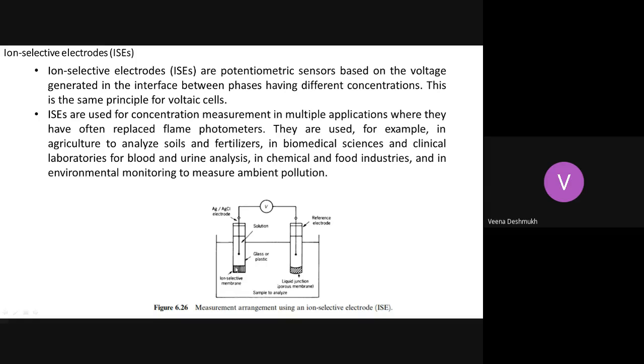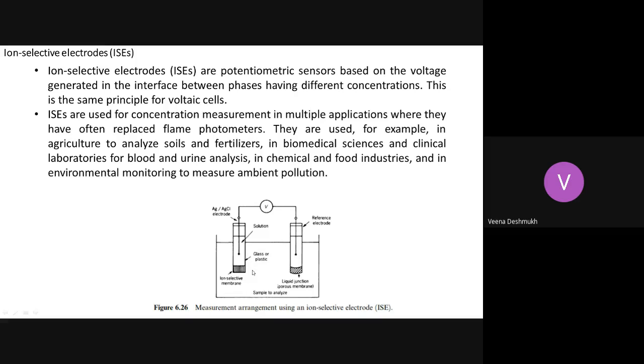So this may be applied to measure different concentration levels. If the concentration level of this electrolyte is different, to sense that, this may be used. And in a second case, if a specific concentration level of electrolyte is needed for a specific application, a standard voltage is produced to check that. On the basis of this voltage produced, you can check the concentration levels.